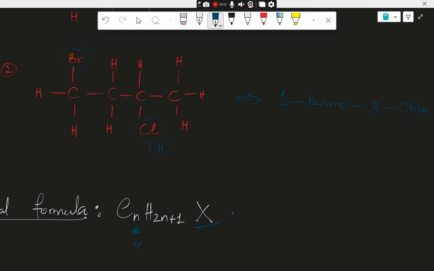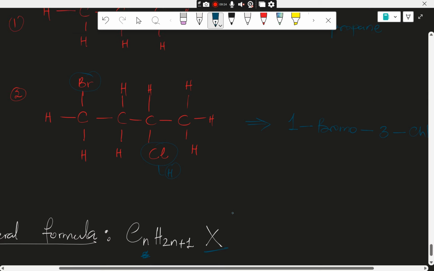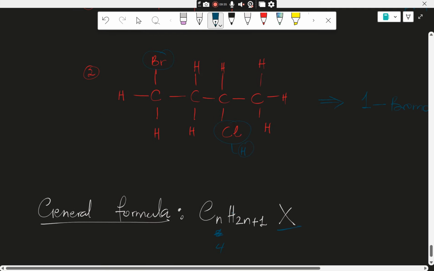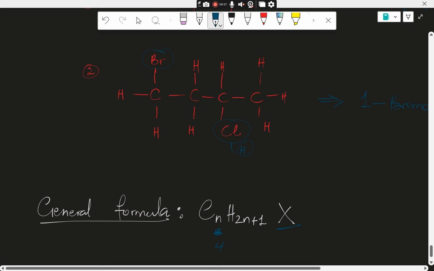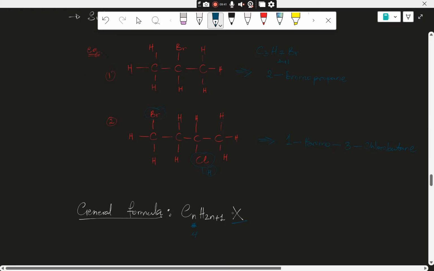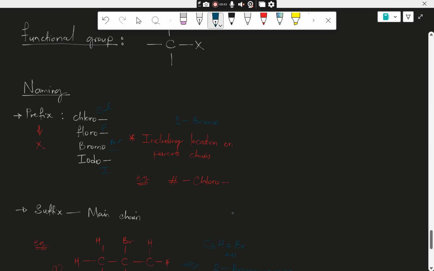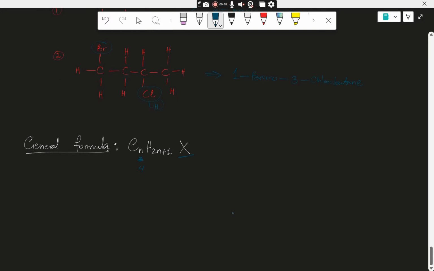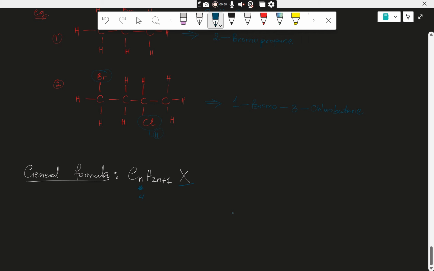It's disrupting the formula, so it only accounts for when you have one halogen. We'll look at the case where you have two and what we do, and I'll check that one out for you. But this is a crash course on halogens, for you to understand what halogens are, how you name them, and what their general formula is when you only have one halogen.